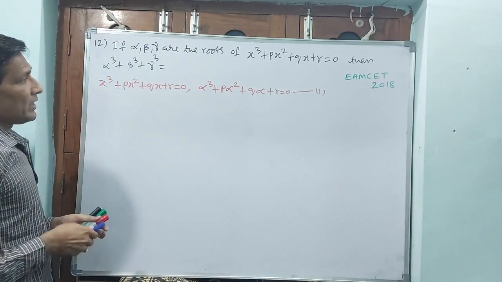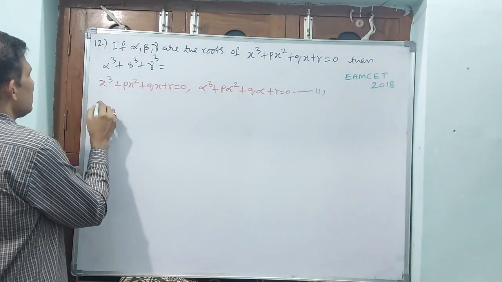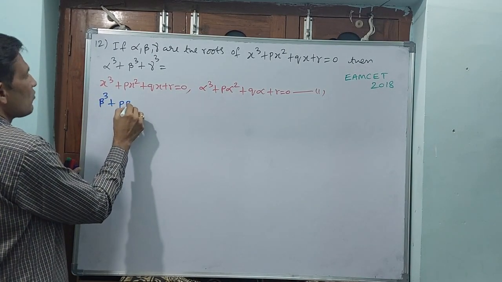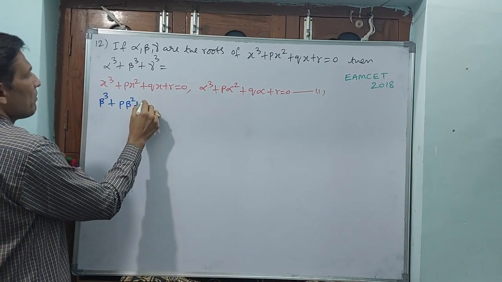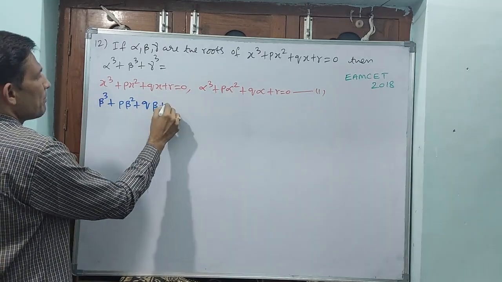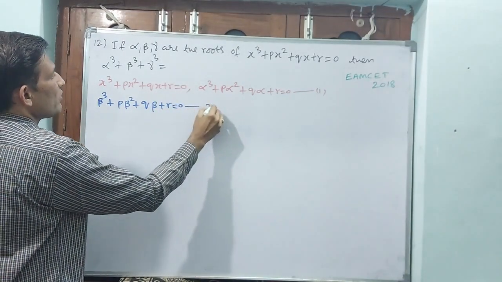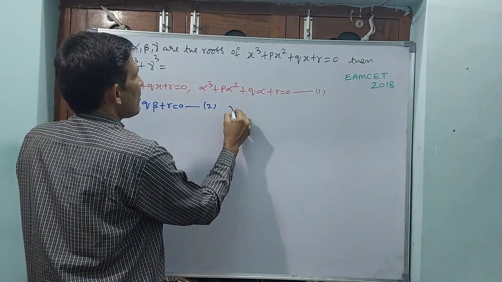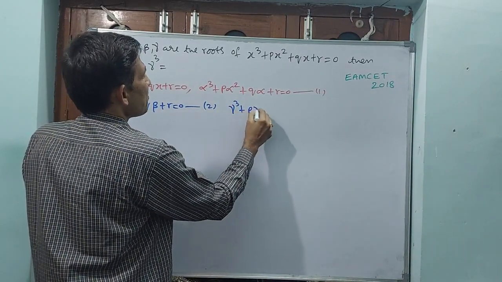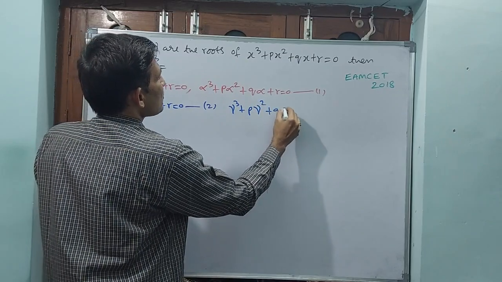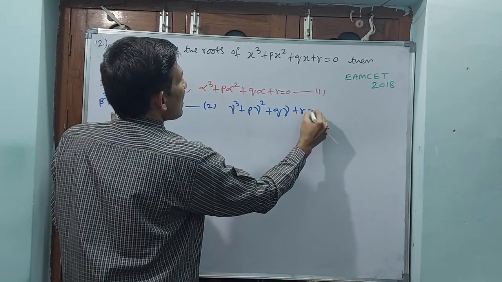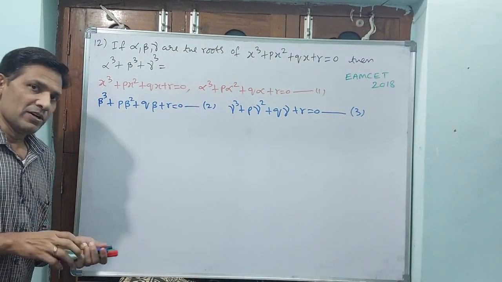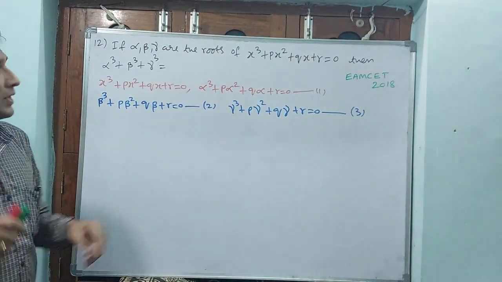Then equation number 2, with beta: beta cube plus p beta square plus q beta plus r equal to 0. Take this as equation number 2. Equation number 3 also, with gamma: gamma cube plus p gamma square plus q gamma plus r equal to 0. Take this as equation number 3. Then wait, go back again.